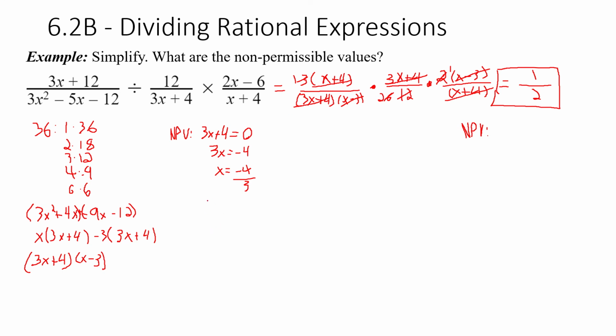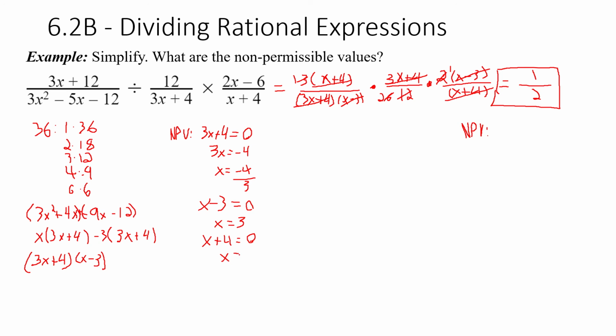Do the next one, x minus 3. Add 3 to both sides to solve for x, and 3 wouldn't work. Nothing to worry about with the 12. There's no x values that can change that, being just a number. x plus 4, though, we do need to find out what would make that 0.